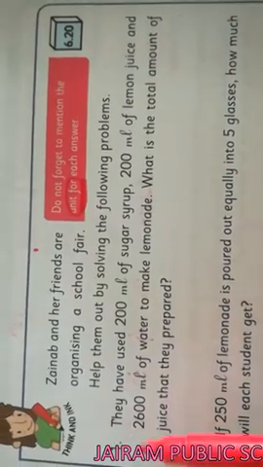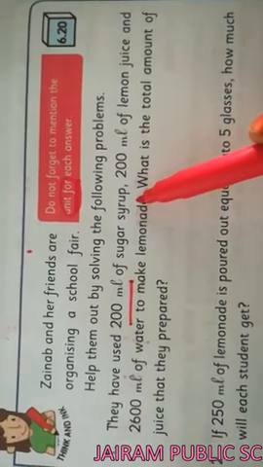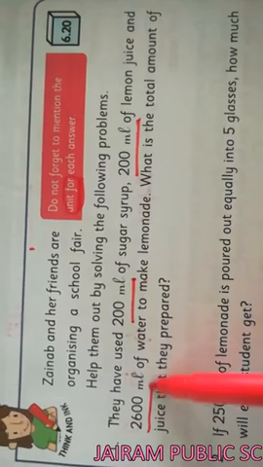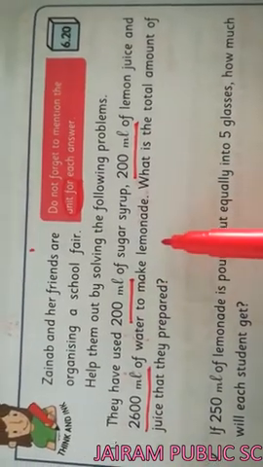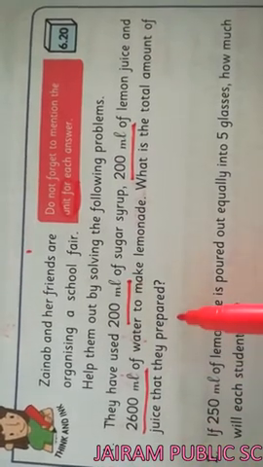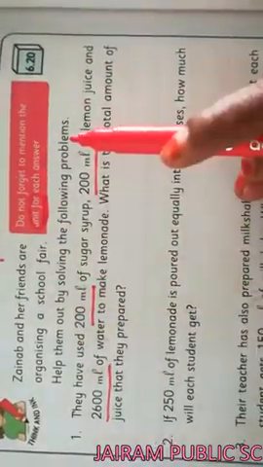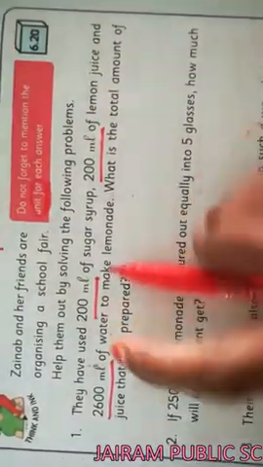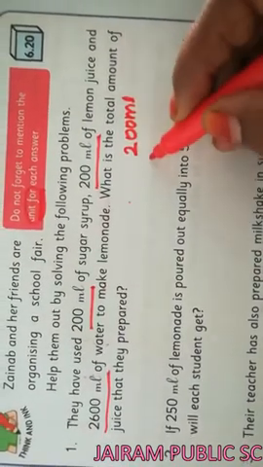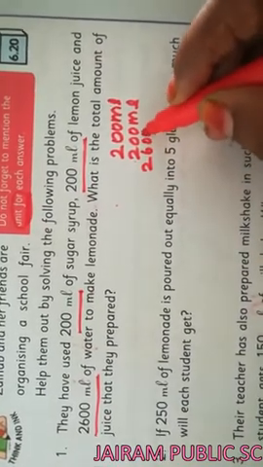First question. They have used 200 milliliters of sugar syrup, 200 milliliters of lemon juice and 2600 ml of water to make lemonade. What is the total amount of juice that they prepared? For this, we have to use the operation addition. For that, we have to write the numbers 200 ml, 200 ml, then 2600 ml.